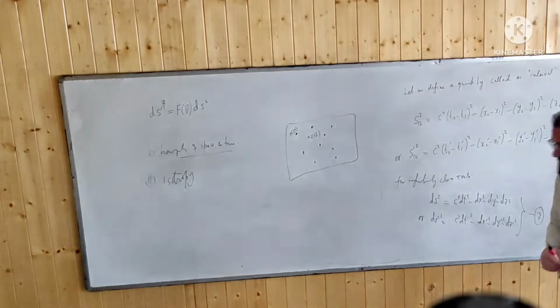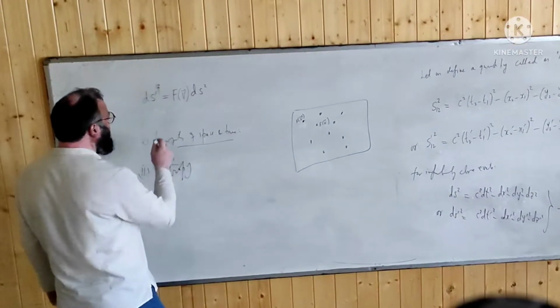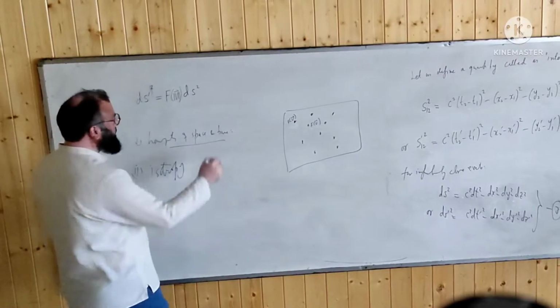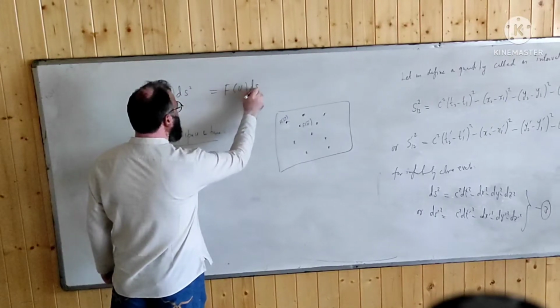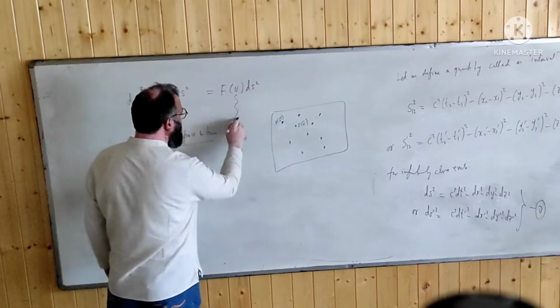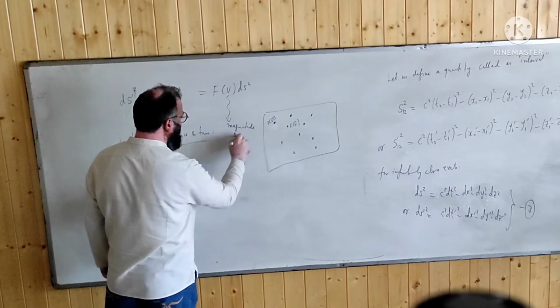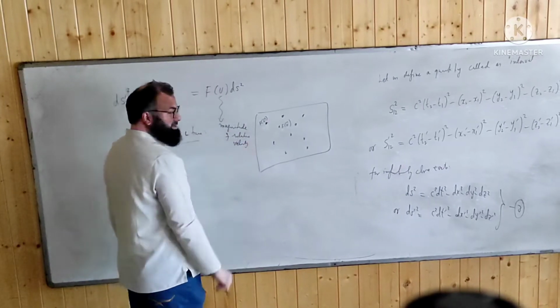So this f must depend on the magnitude of velocity. I can write simply f of v, the magnitude of the velocity, or the absolute value of the relative velocity.